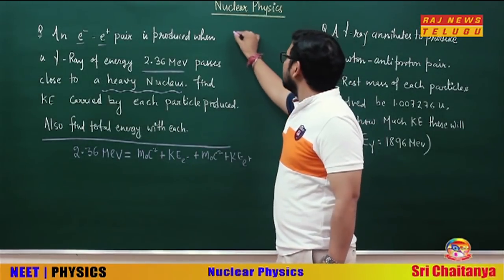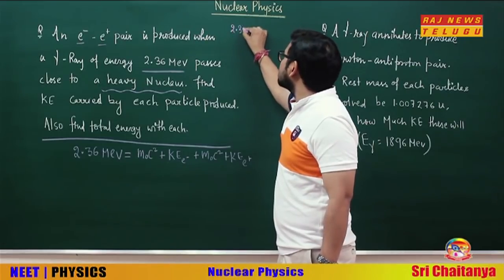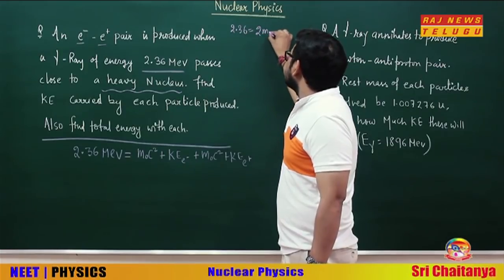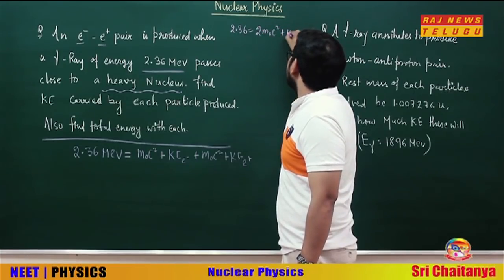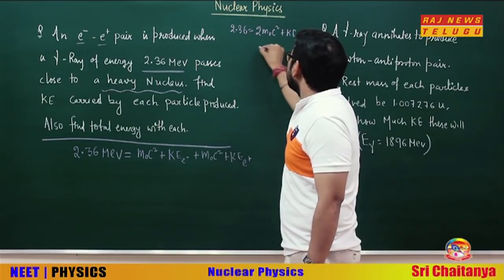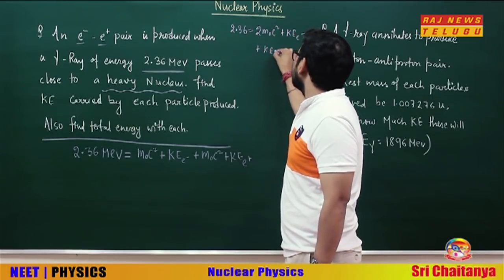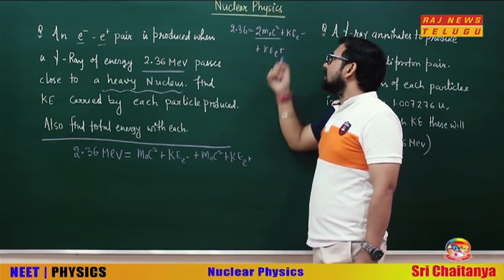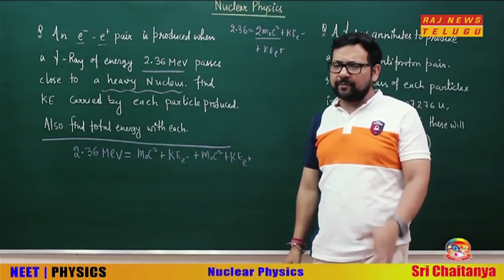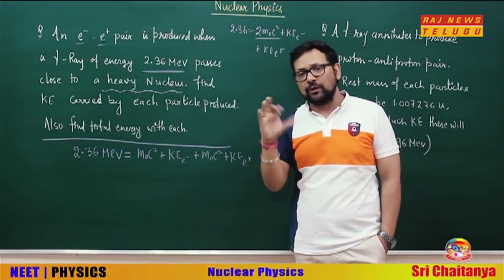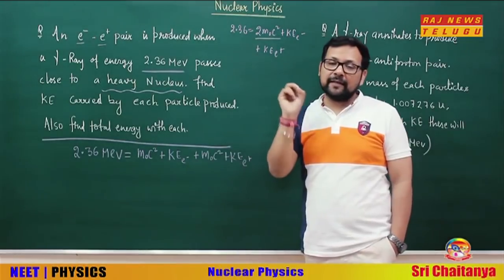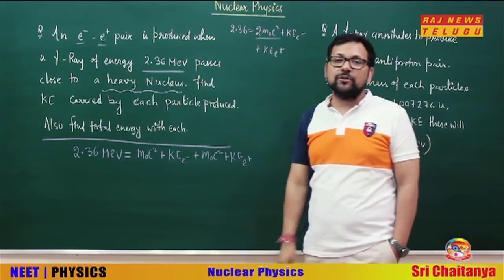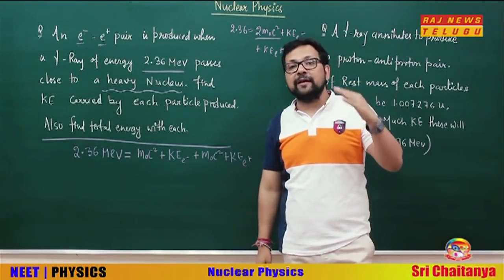Now we can write 2.36 is equal to 2m naught c square plus kinetic energy of electron plus kinetic energy of positron. And that data you should remember because you won't have much time to solve there, and I have given you the detail of this data. We have a good discussion of this data. It was 1.02 mega electron volt.